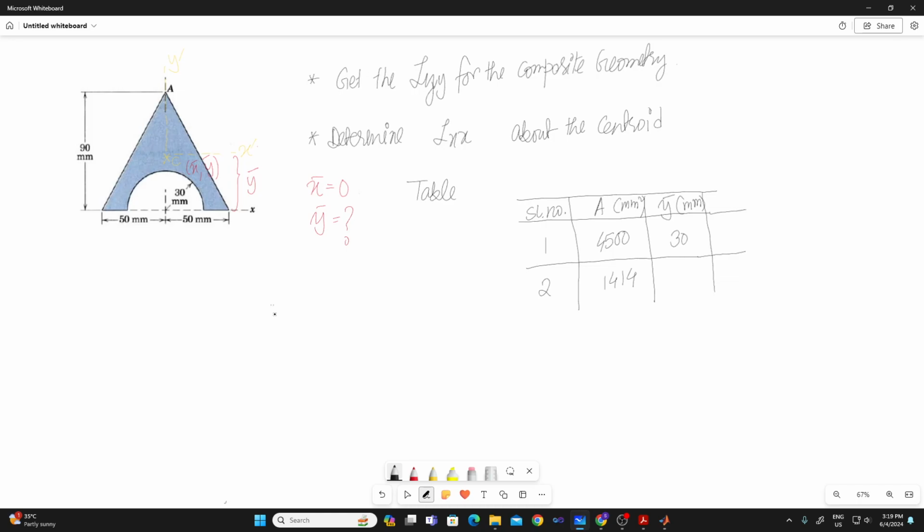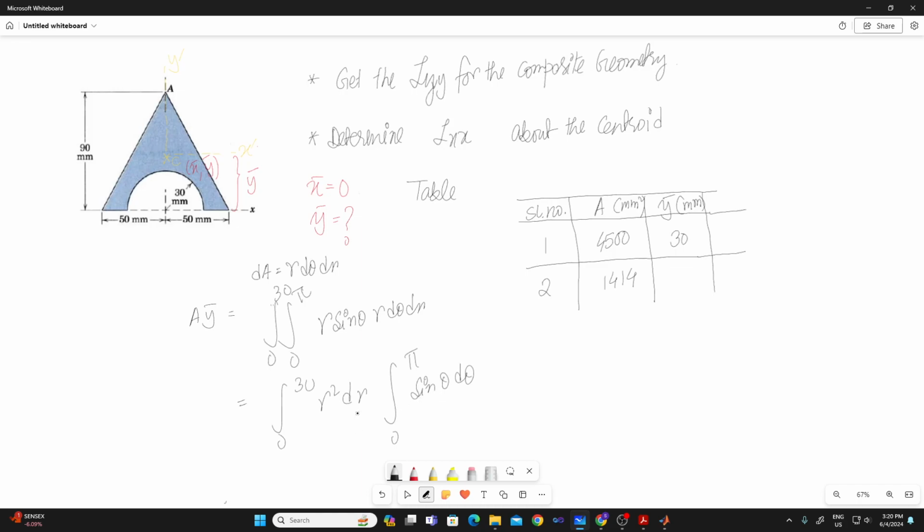So, as you again show the differential area, the differential area is r d theta dr. And A times y bar would be the integral from 0 to 30, 0 to pi, of r sine theta, r d theta dr. This can be written as the integral of r squared dr from 0 to 30 times the integral of sine theta d theta from 0 to pi.